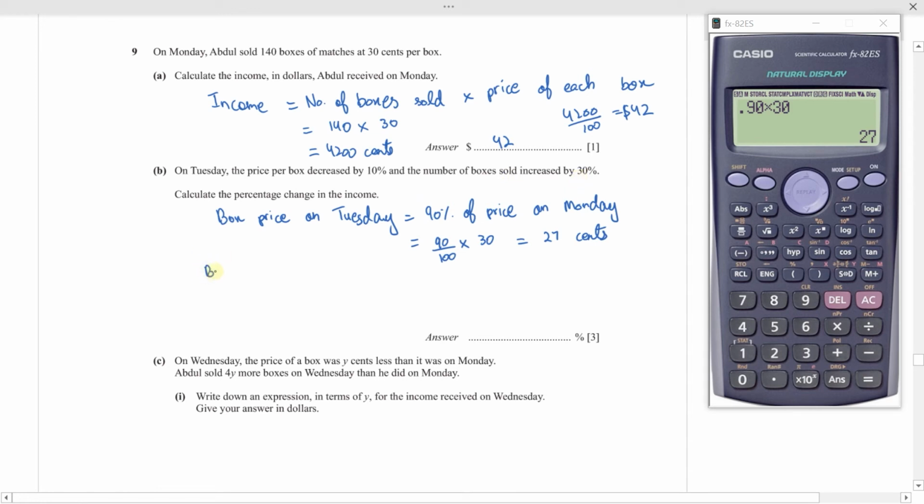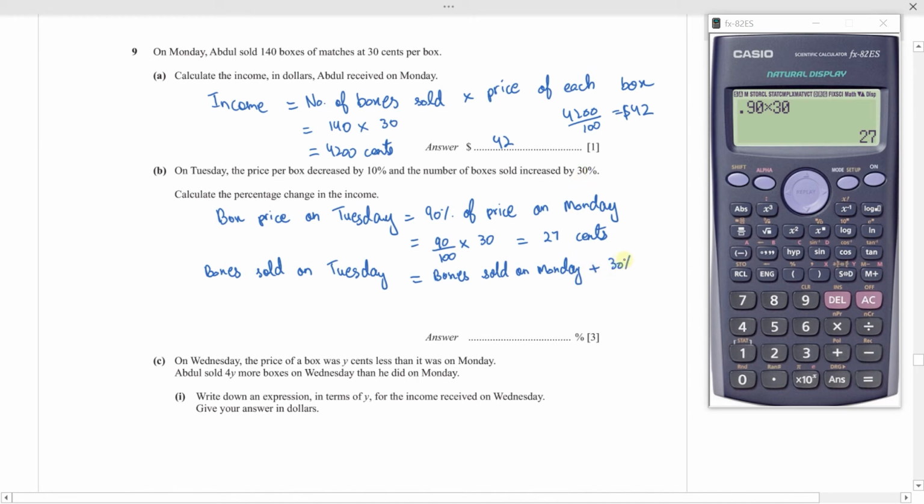So boxes sold on Tuesday is, the increase is 30%, so it will be 130% of the boxes sold on Monday. So let me do it the other way instead of doing it this way so that you can see both the methods. So boxes sold on Tuesday equals boxes sold on Monday plus 30% increase.